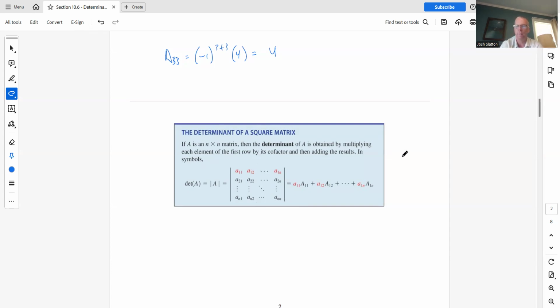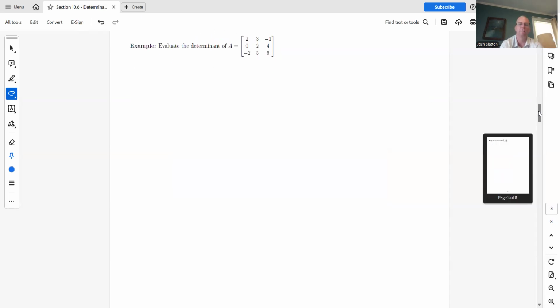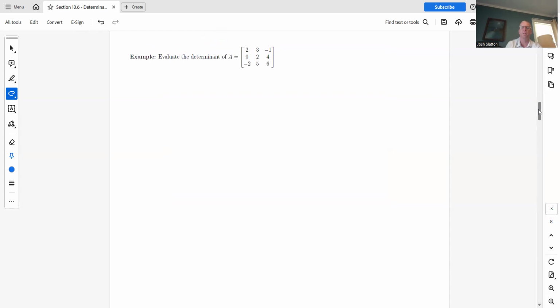So it is a little bit lengthy if it's a big matrix, but we'll do a 3 by 3 here. And we'll do this two ways. We'll do it the regular way, the way it showed in the last page, and then we'll do it the easier way after this.